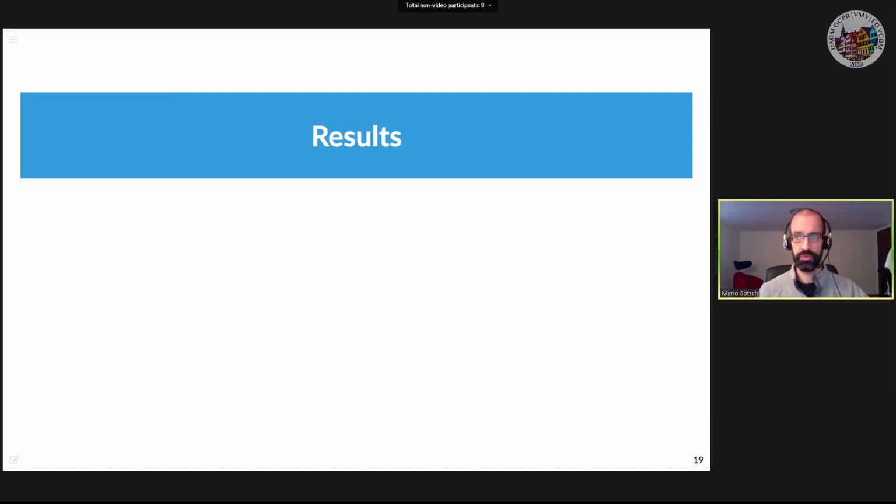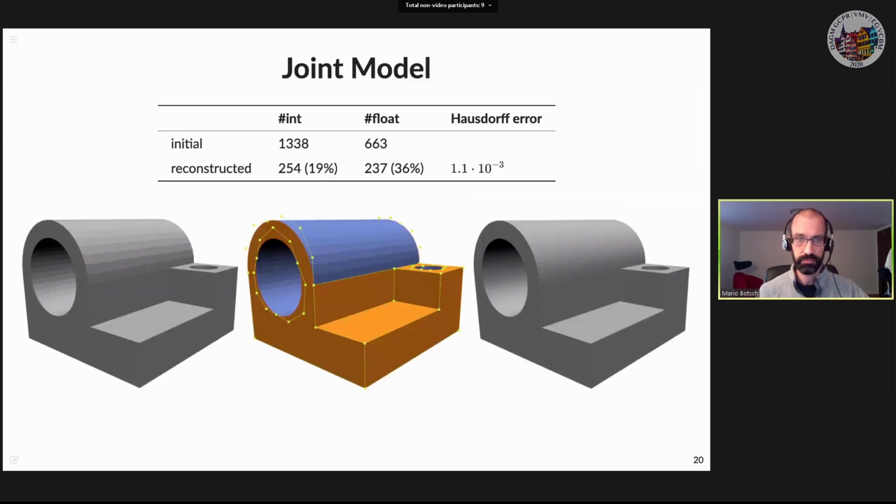And now let me show you some results. For all the results, you see the input on the left-hand side, the resulting patch segmentation and boundary curves in the center, and then the result after decoding on the right-hand side.